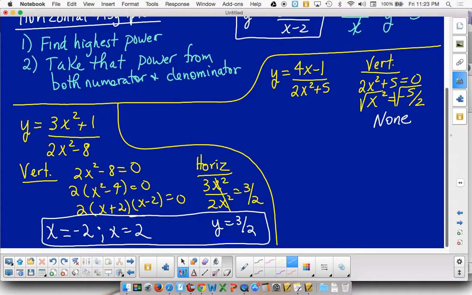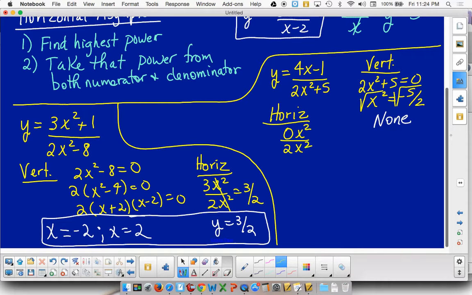When I want the horizontals, I am going to look for the highest power of x. What's the highest power of x you see in this problem? It's x squared. And notice I said you have to take that power from the top and the bottom. But you're going, there isn't that power. There's no x squared on top. Therefore, when you take it from the top, you take it as 0x squared over 2x squared.